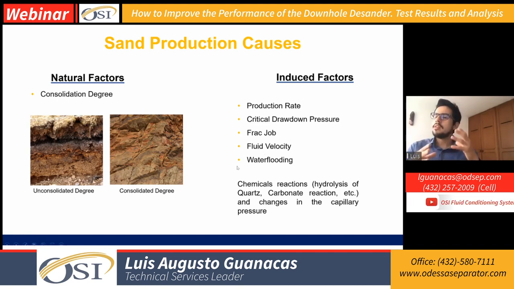So that's why reservoirs producing through water flooding are so critical when designing an effective and really accurate sand control, in order to keep the well running and to optimize the field performance.